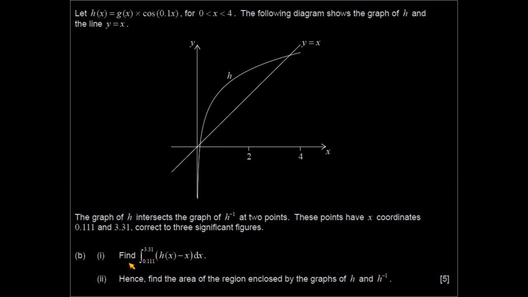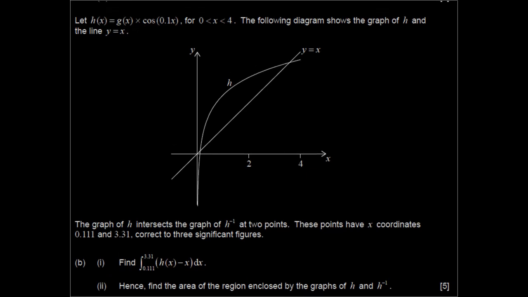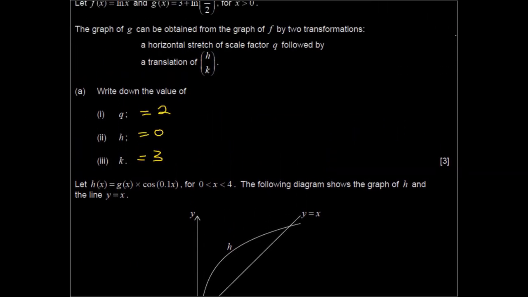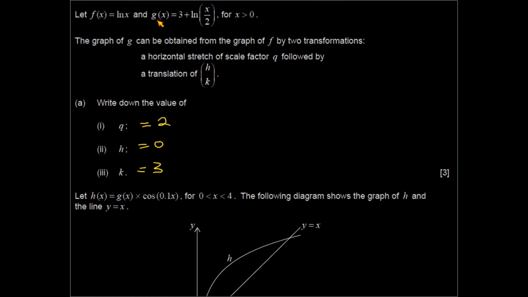Part B says, first of all, find the integral here. So what we need to do is enter in what the function g of x would be, which it says here is h of x times cos of 0.1x. If we go back to g of x, it would be this one here.